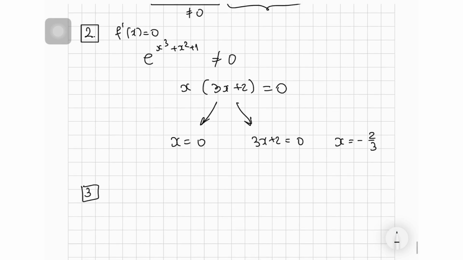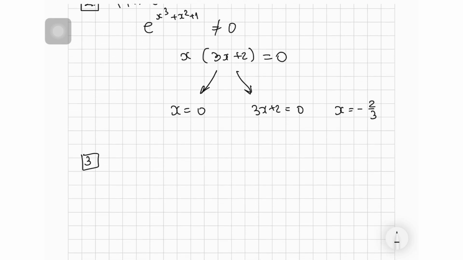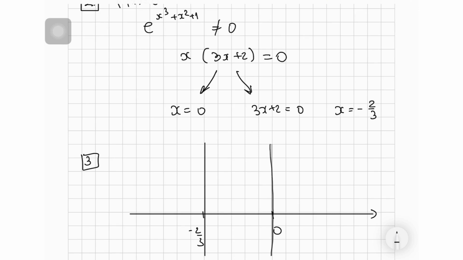Third step, we need to see the sign of the first derivative. So we put 0 and negative 2 over 3 on a line, and we take x times (3x plus 2). What is the sign?